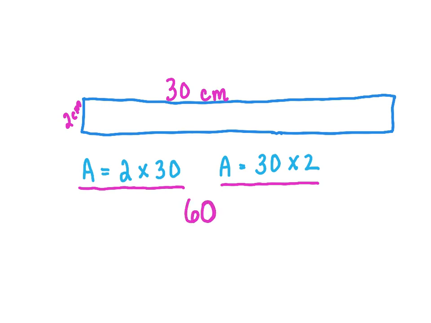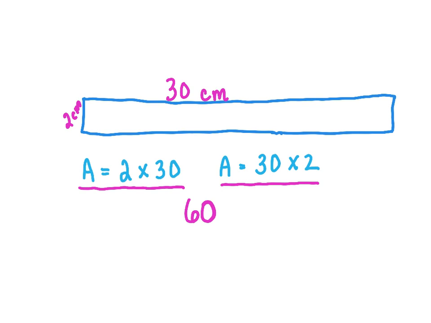They are both equal. The order does not matter because we can draw a 30 centimeter by 2 centimeter rectangle and the area will still be the same number of square centimeters as the 2 centimeters by 30 centimeters rectangle.